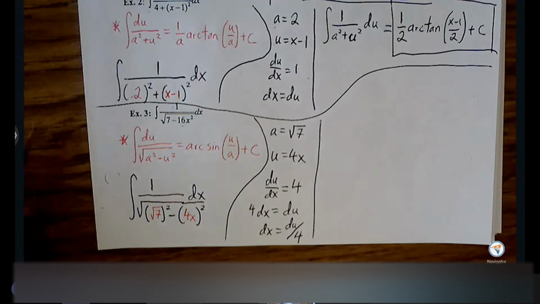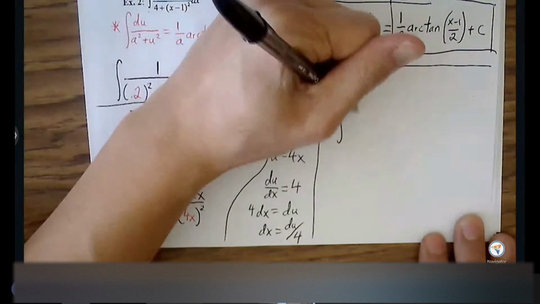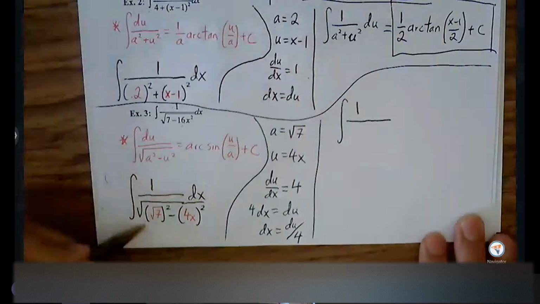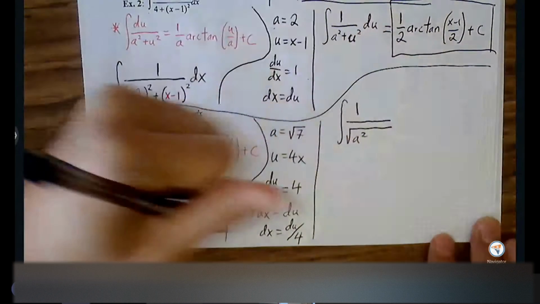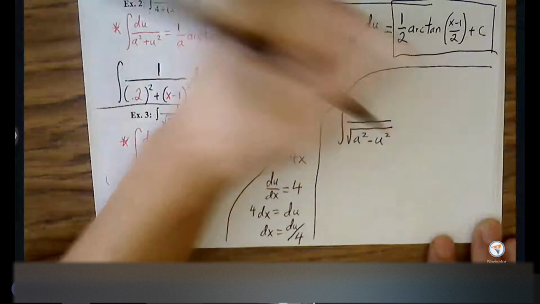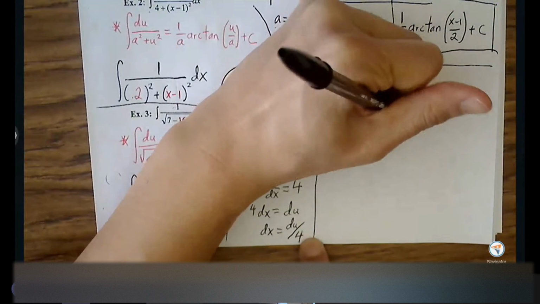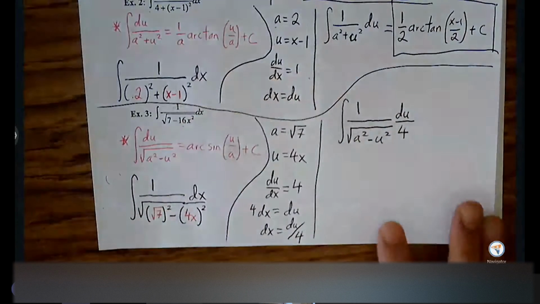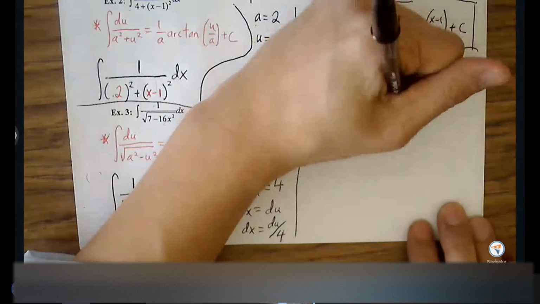I want everything in terms of a and u, just to ensure that I have everything in the right place. Root 7 is a squared minus u squared. dx gets replaced with du over 4, so we do have something that is going to be part of our answer, right? Push that out as 1/4.